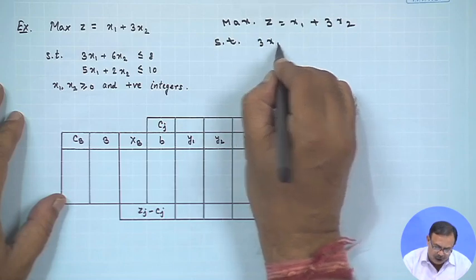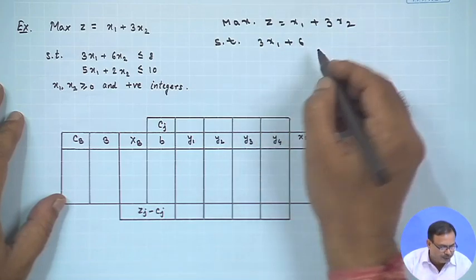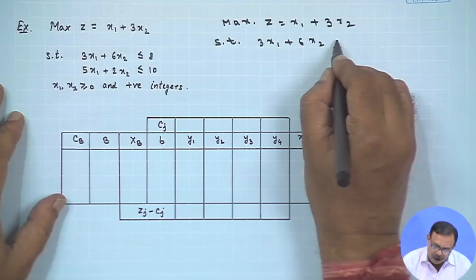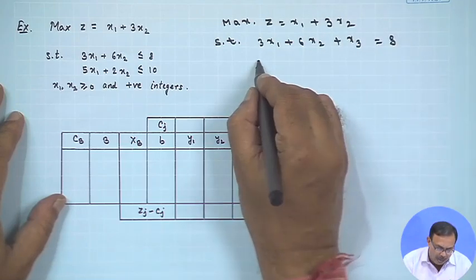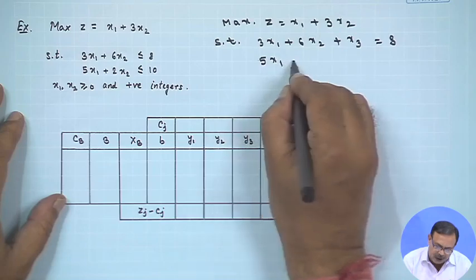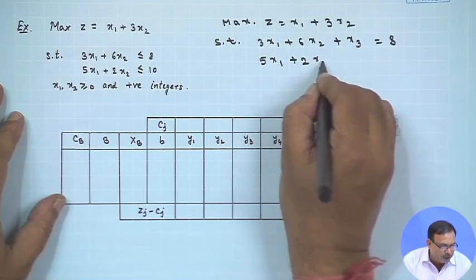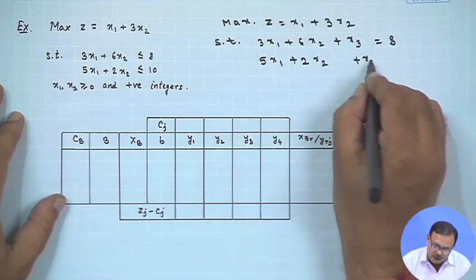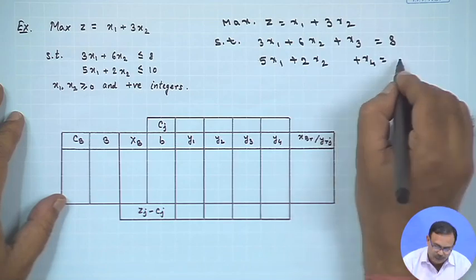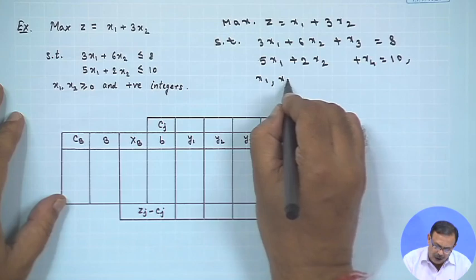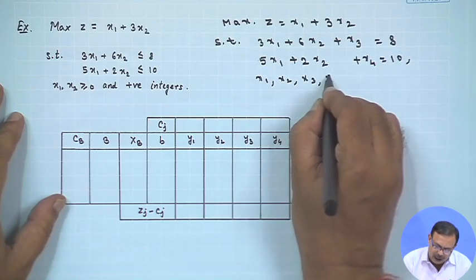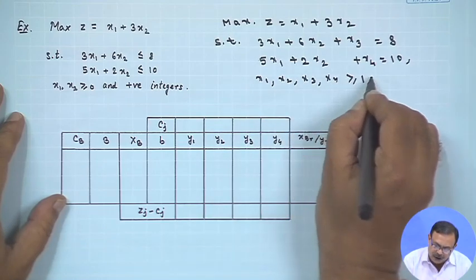So, 3x1 plus 6x2 plus x3 equals 8, and the next equation is 5x1 plus 2x2 plus x4 equals 10, and x1, x2, x3 and x4 are greater than or equal to 0.